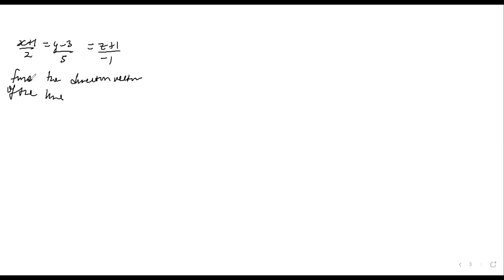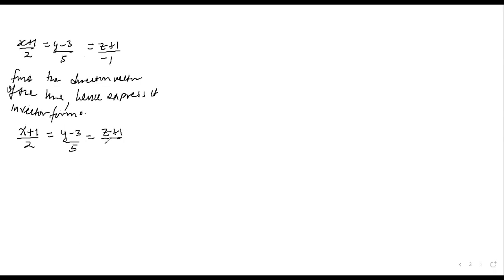Hence, express it in vector form. So we have x plus 1 over 2 is equal to y minus 3 over 5 is equal to z plus 1 over negative 1.